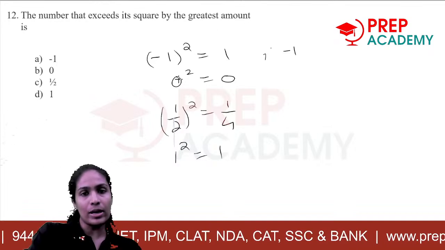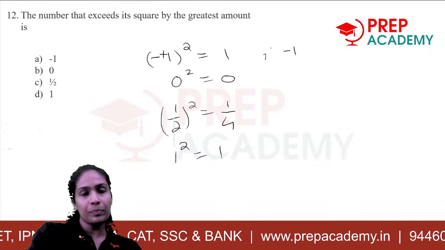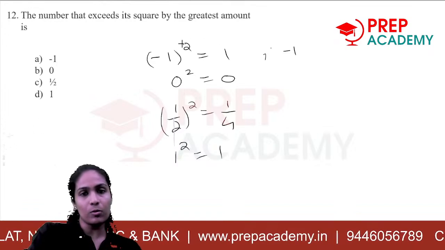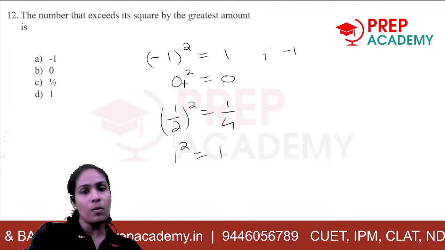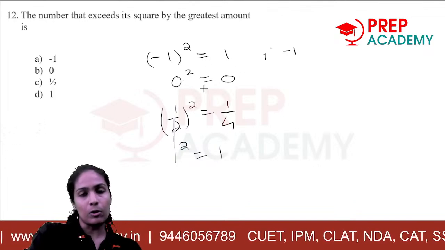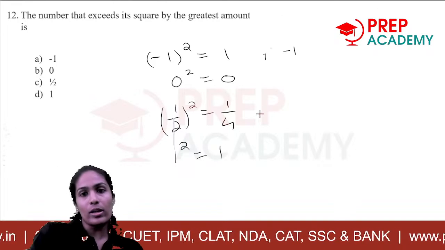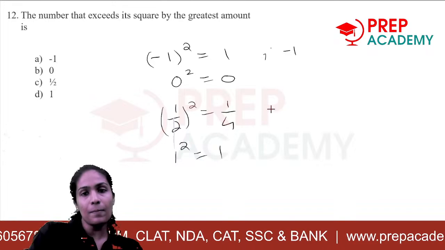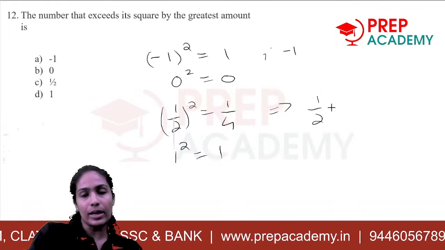The number actually exceeds its square. So here for -1, the number does not exceed the square because -1 is less than 1. In 0, both the square and the number are equal. Third option, the number is 1/2 but the square is 1/4. That is, the number exceeds its square. Okay, 1/2 is greater than 1/4.